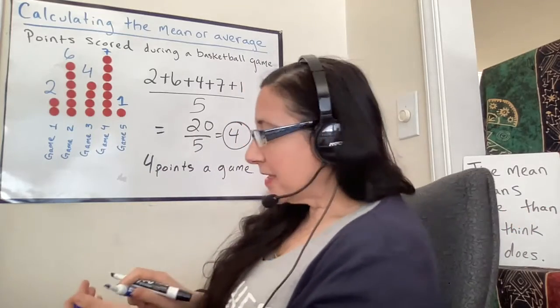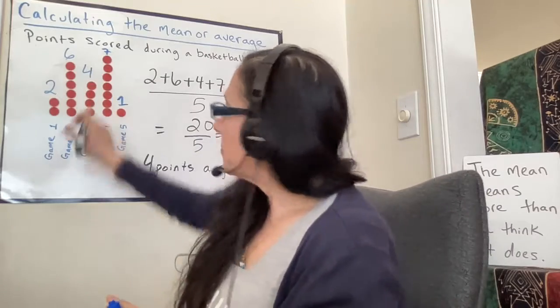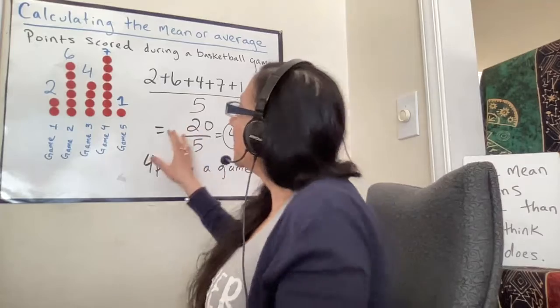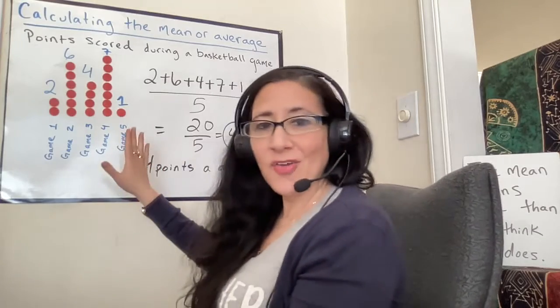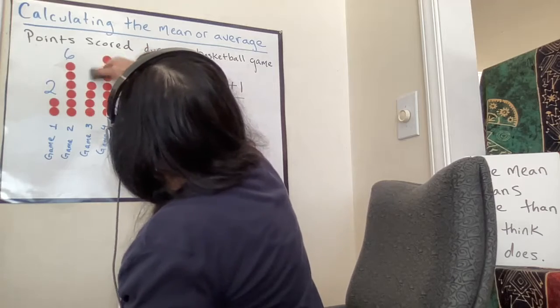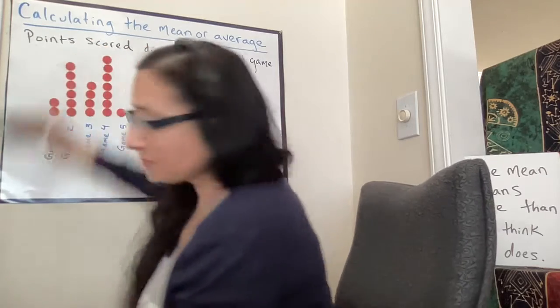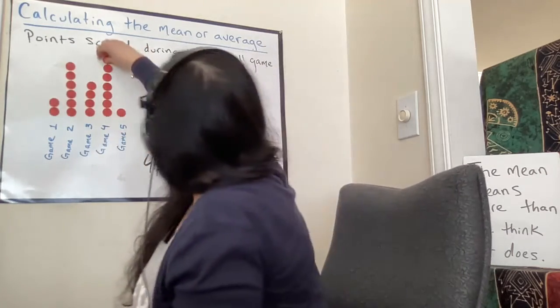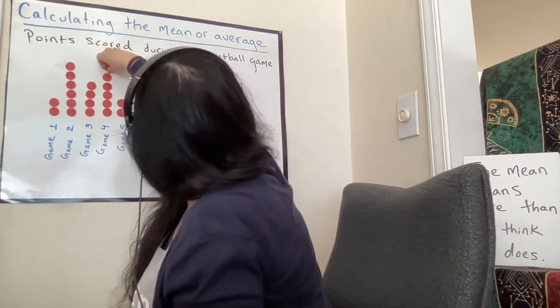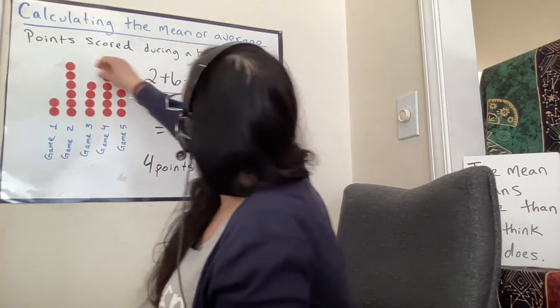Okay. So let's think about what's happening to the picture when we're doing this calculation. What I'm doing is evening out the field. I can look at it as taking these points and moving them so that they're equal groups represented here.